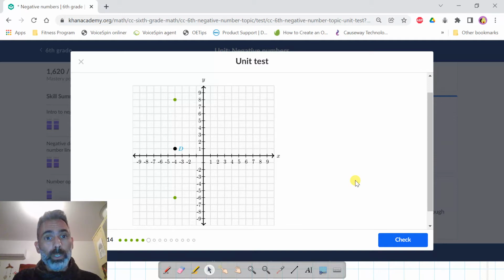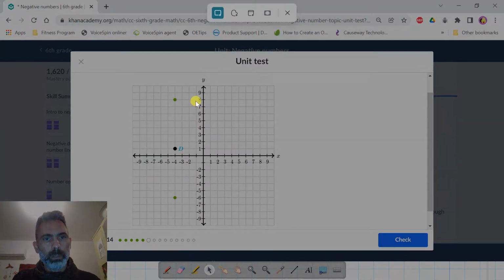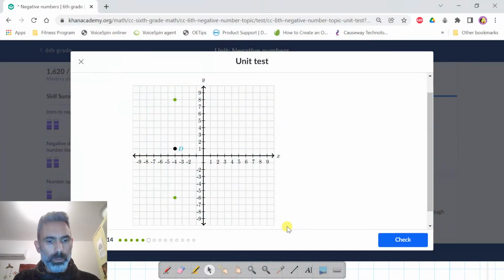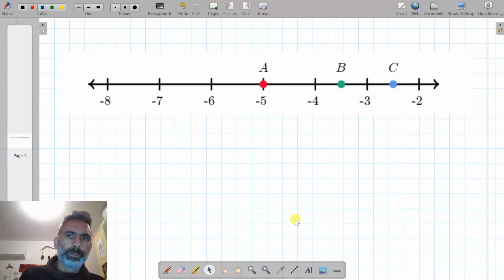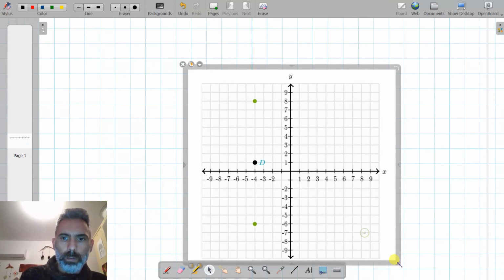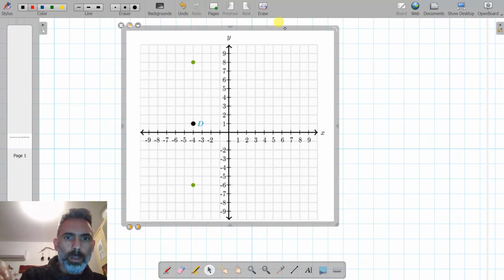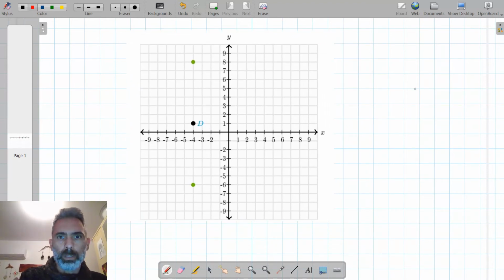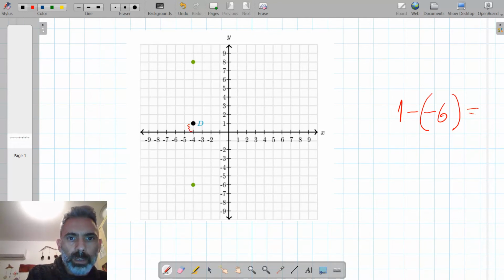Another way to think about it is, let me copy this to the board. You can also think about it as 1, which is the y-coordinate of point D, minus -6, which is this distance plus this distance.